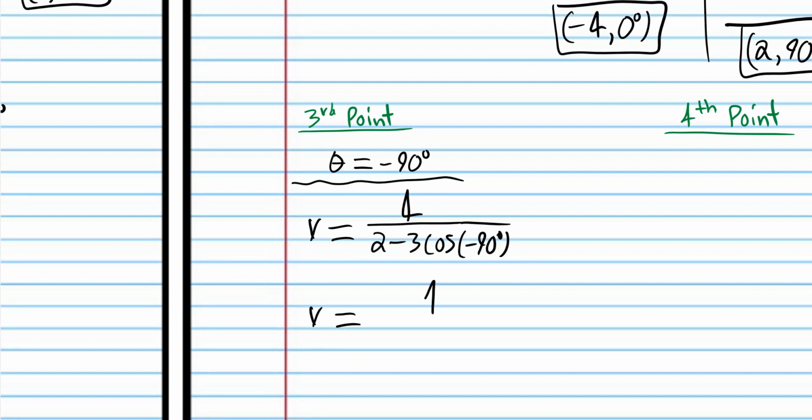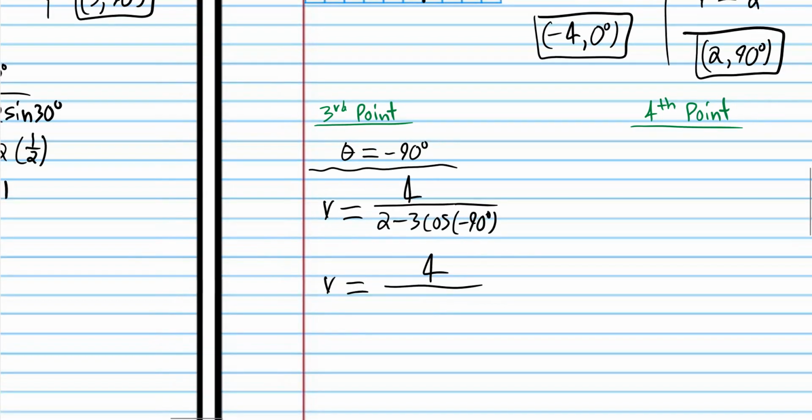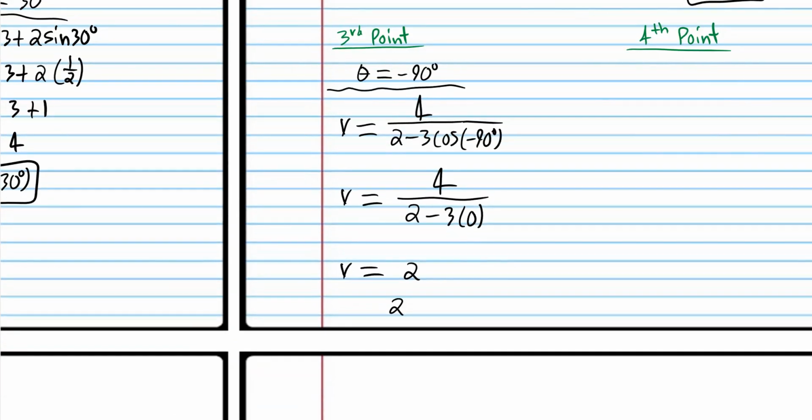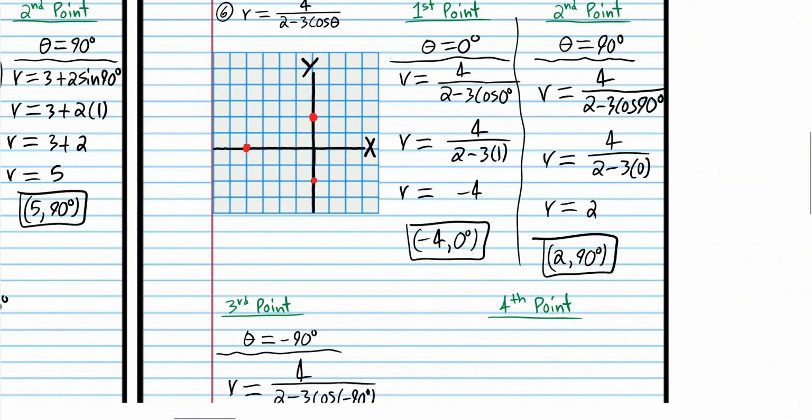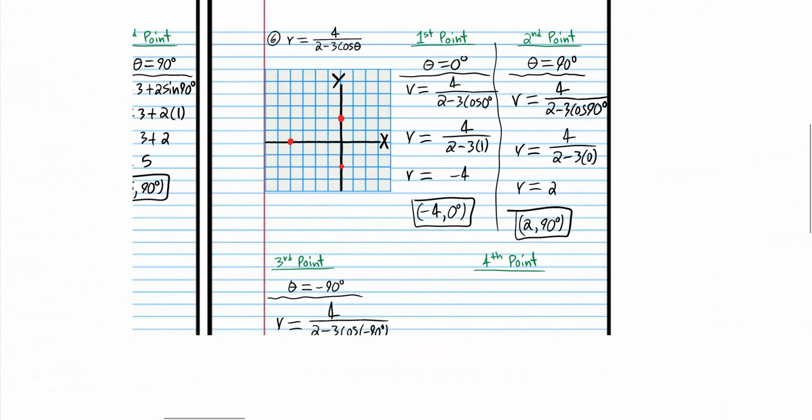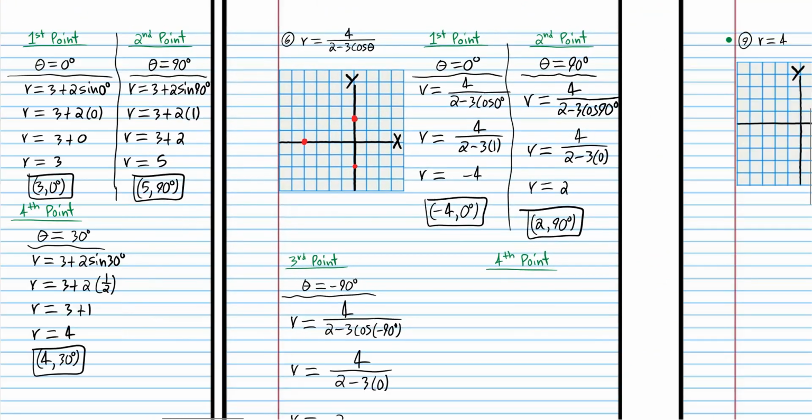So if you look at your cosine graph, cosine negative 90 is 0. So we have 3 times 0, so r is equal to 2. And the point that we're looking for is 2 comma negative 90 degrees. So we're going to count 2 to the right and then rotate negative 90, which gets us to there. So that was actually a pretty good point there. That really helps us to graph it.